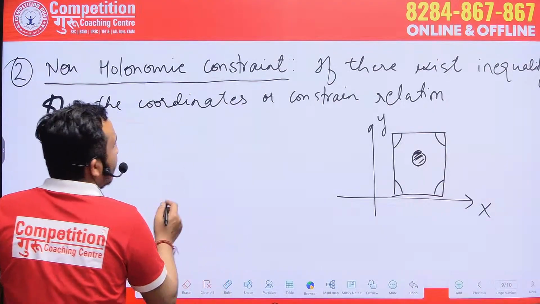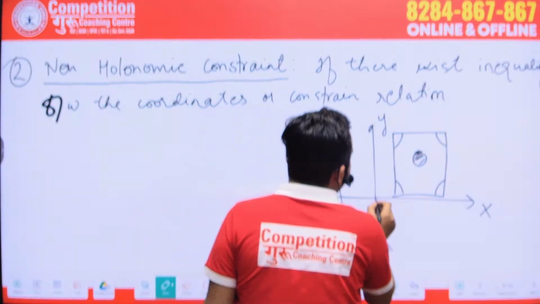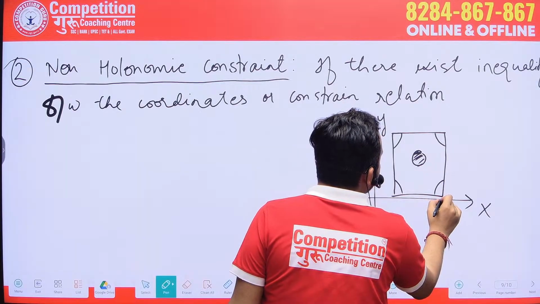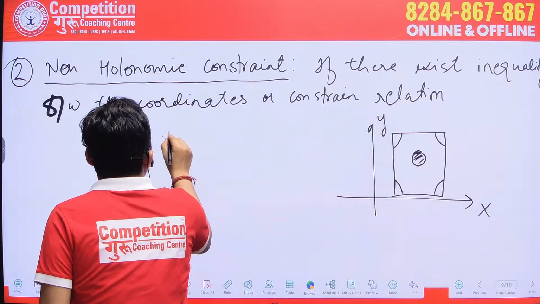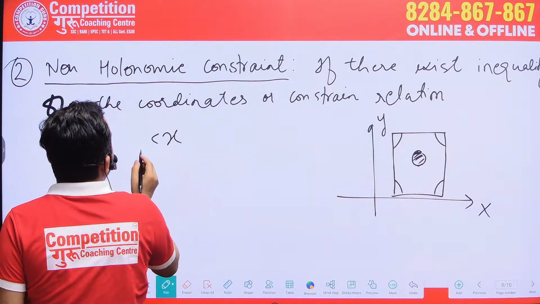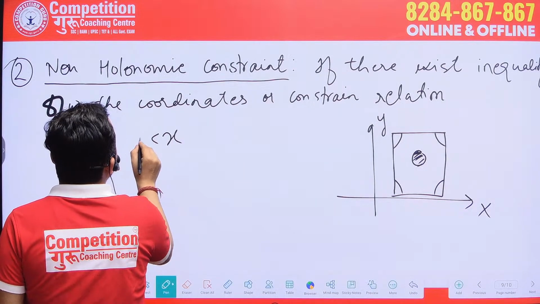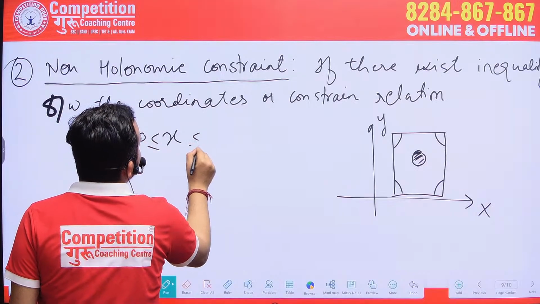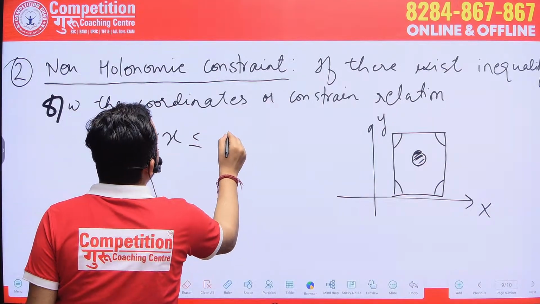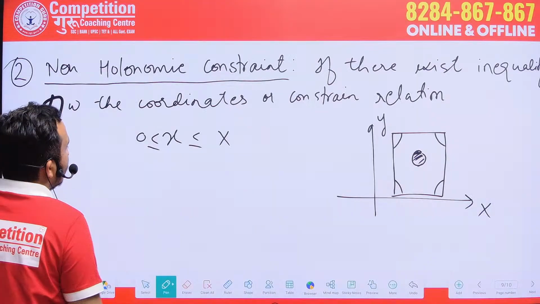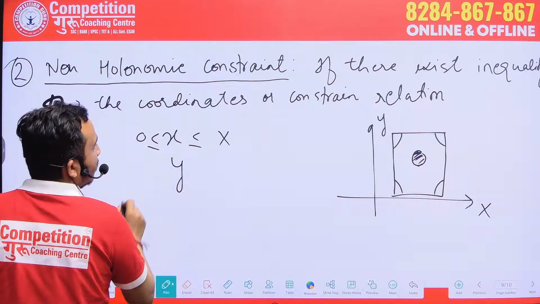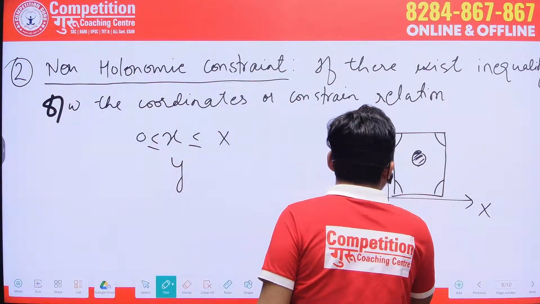For example, x can go from 0 to some value, capital X.